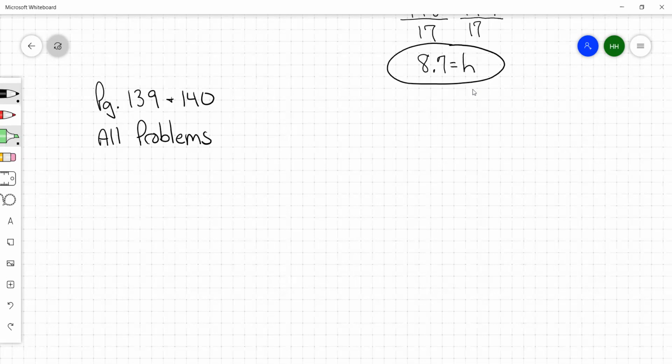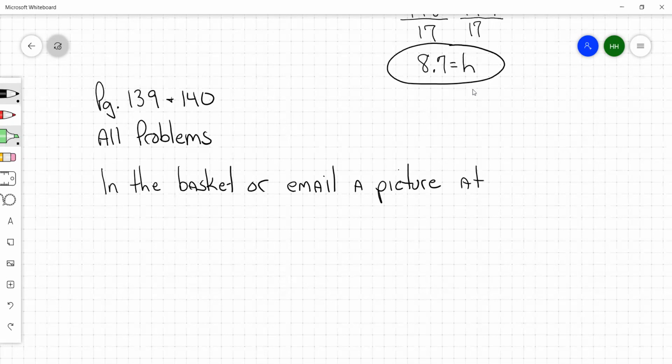When you're done, when the bell rings, you're going to put this in the basket, or you're going to email me a picture of your work. And when you email me that picture, it should be within the next, when does the bell ring? 1:53? Yes. In the basket, or email a picture at 1:53 today.